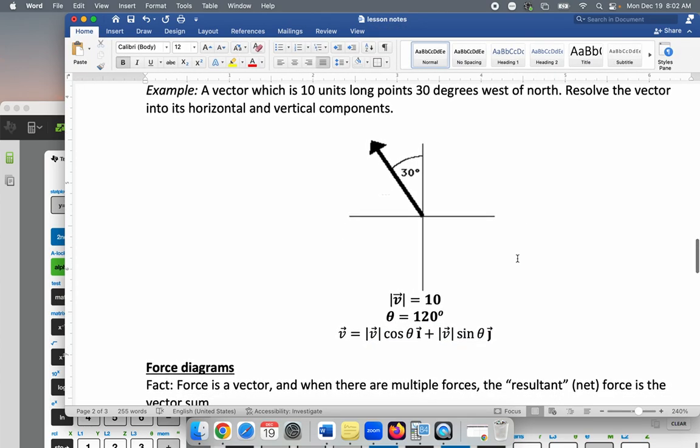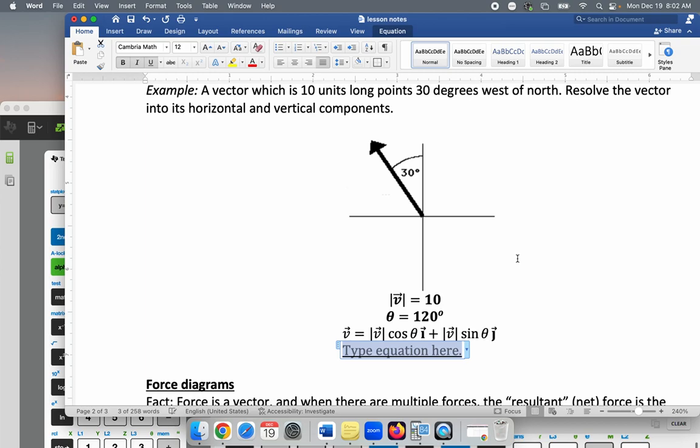So that's our formula, and now we just need to plug in. That's going to give us 10 cosine of 120 degrees i plus 10 sine of 120 degrees j.